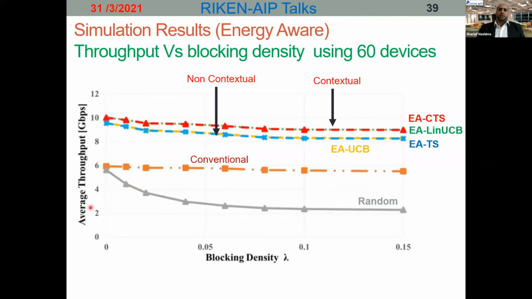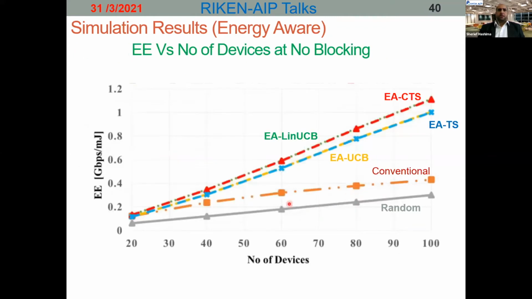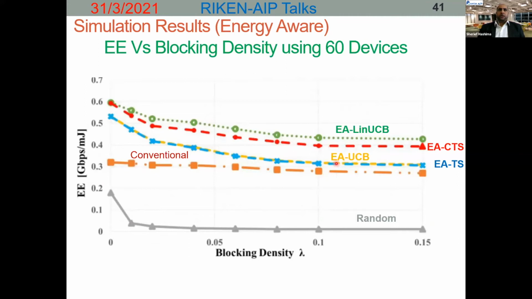Also, for the average throughput against the blocking density, the contextual energy-aware Thompson sampling and UCB give higher performance than traditional techniques and non-contextual ones. Also, for the energy efficiency, it gives higher results, and also for the energy efficiency against the blocking density, it gives higher results too.